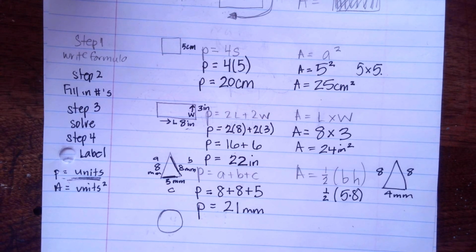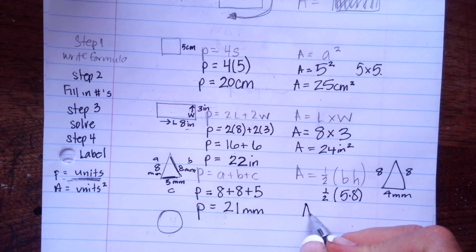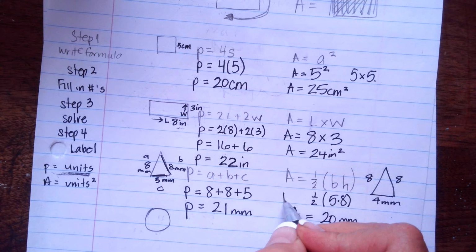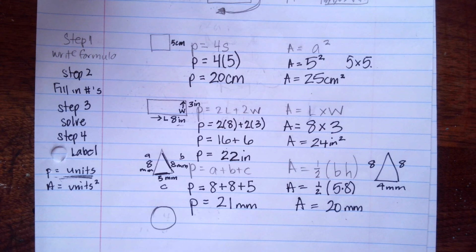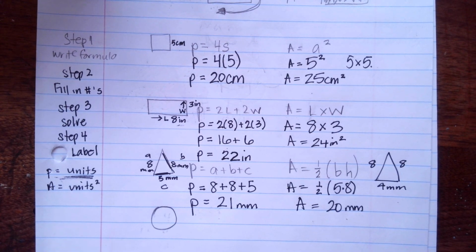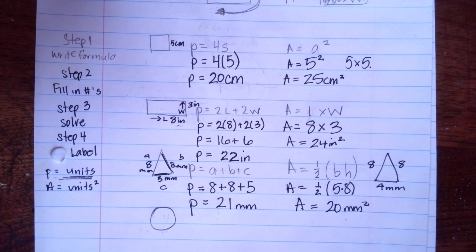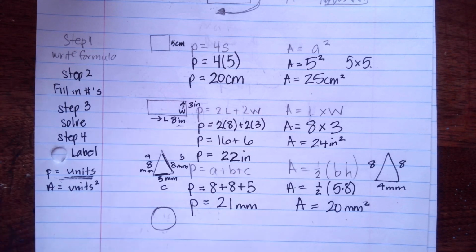So what's 1/2 of 40? 20. So our answer is 20 millimeters. And since we are doing area, what kind of millimeters is it? You got it. Kind of make more sense now?